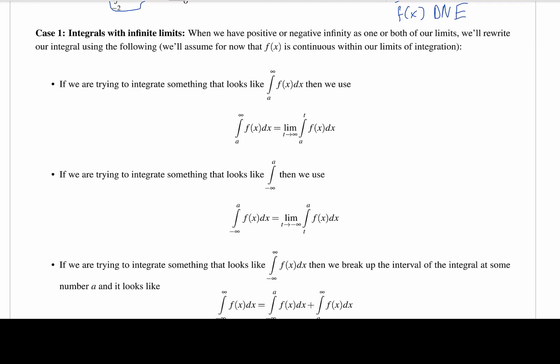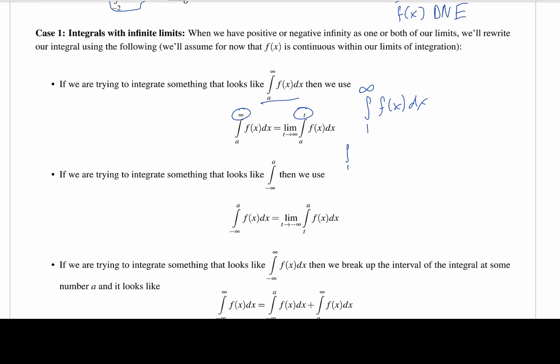So if we're trying to integrate something where our bottom limit is some number a, and our upper limit is infinity, we're going to rewrite this as the limit as t goes to infinity, and then we're going to replace this infinity with t. Right? So that kind of means like we're calculating, let's say we have something like the integral from 1 to infinity of f of x dx.